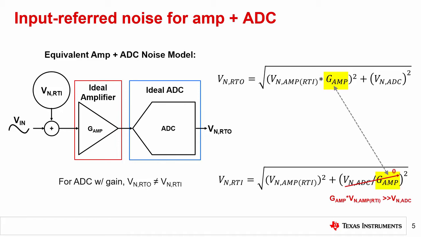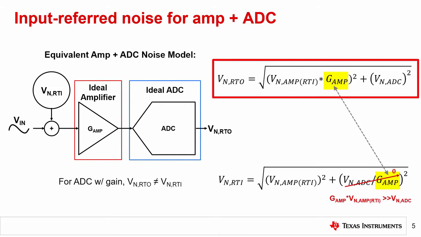We've modeled the amplifier similarly to the ADC as an ideal amplifier with no noise. Like the previous slide, both the amplifier and ADC noise are referred to the input to create one combined noise source called VN-RTI. Combining noise sources helps simplify your analysis by easily allowing you to determine if your ADC plus amplifier signal chain has enough resolution for your application.